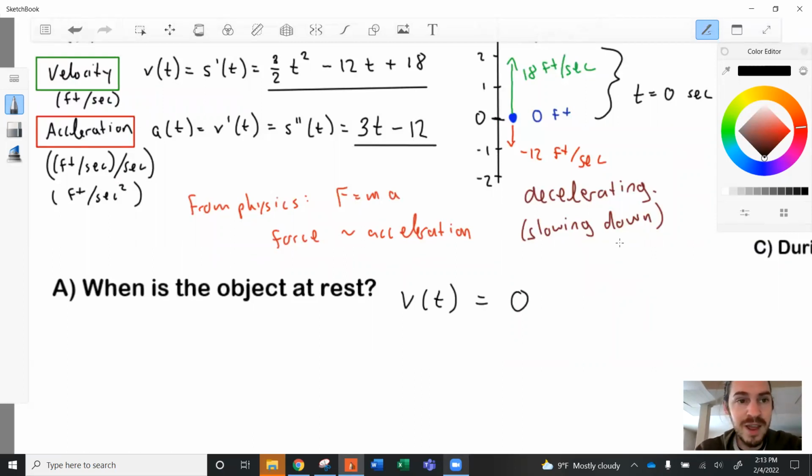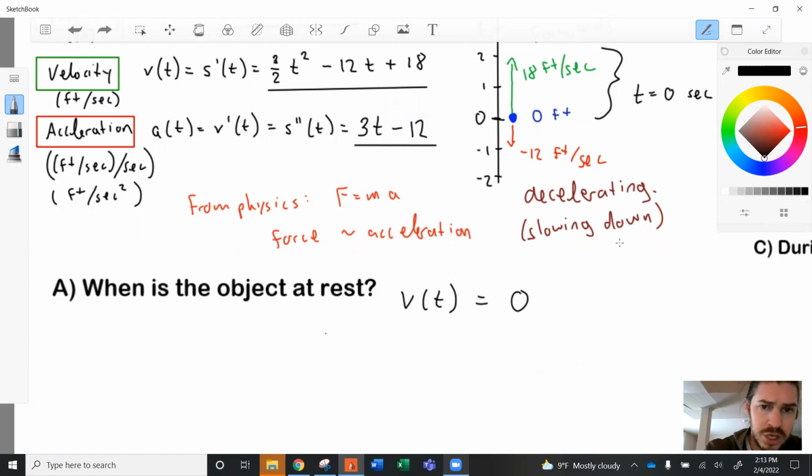So if we take our velocity function and set it equal to 0, that's going to form an equation. Then all we need to do is solve for t, because the question is when, which means what are the time values when the velocity is equal to 0?